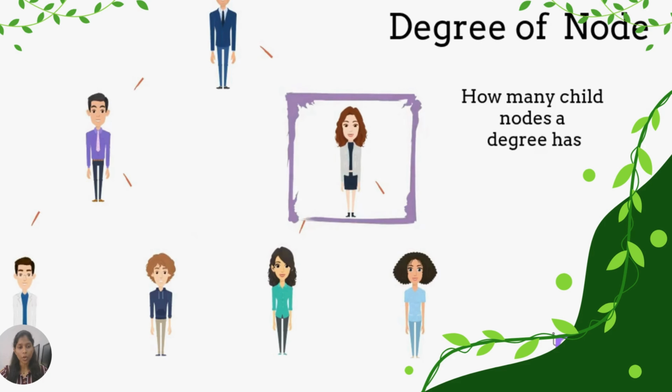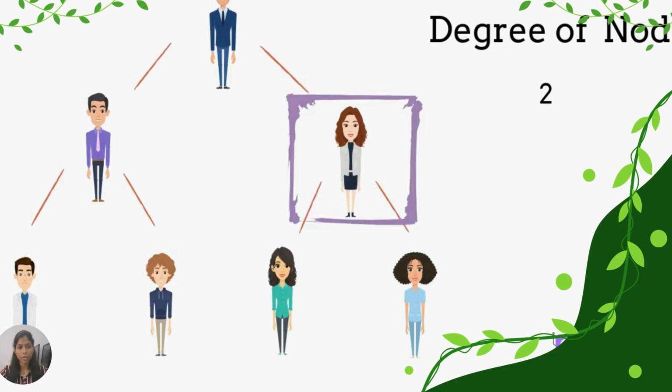The level of a node means its distance from the root, and we always start counting levels from zero. The degree of a node is the number of direct children it has.